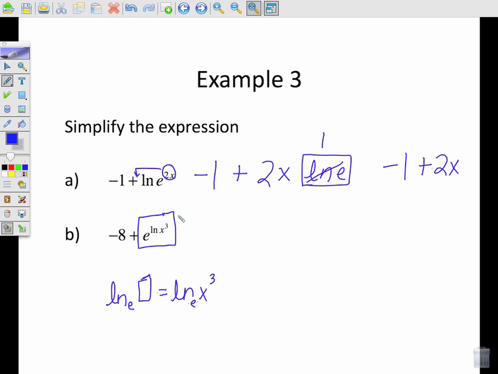So this concludes that this expression is equal to x to the third. So we just have negative 8 plus x to the third. That's it. That is the simplified version here. These were inverses, so your ln of e cancels and your e to the ln cancels, and you're left with just those exponents.